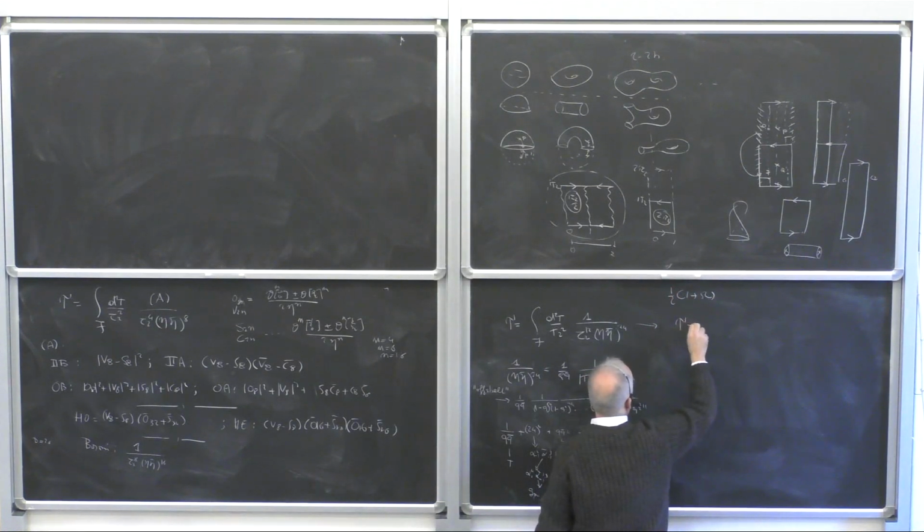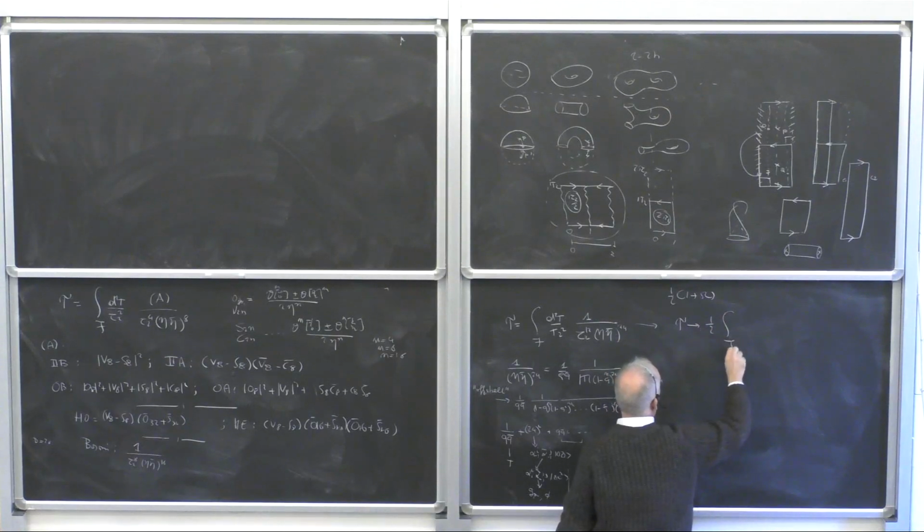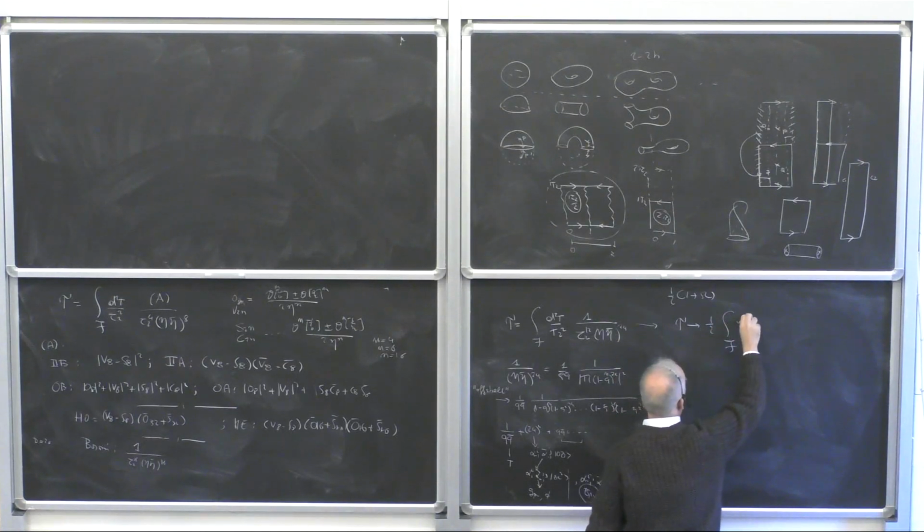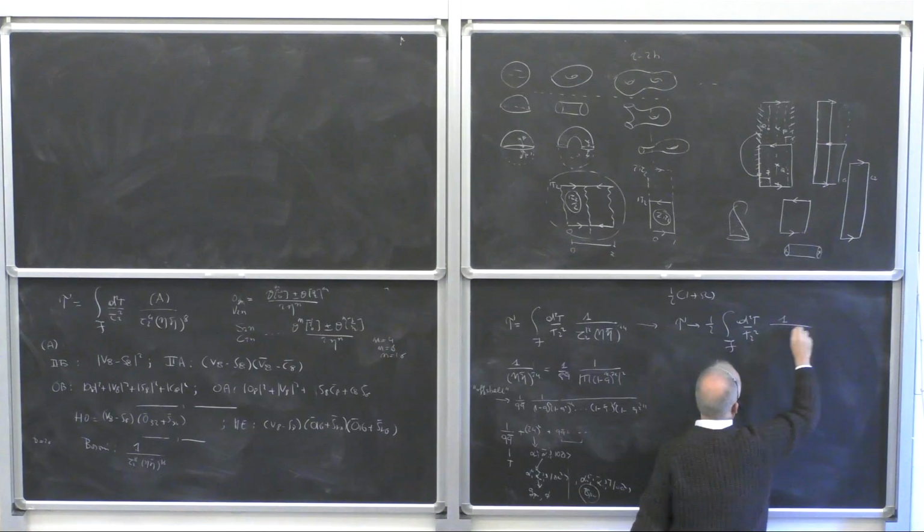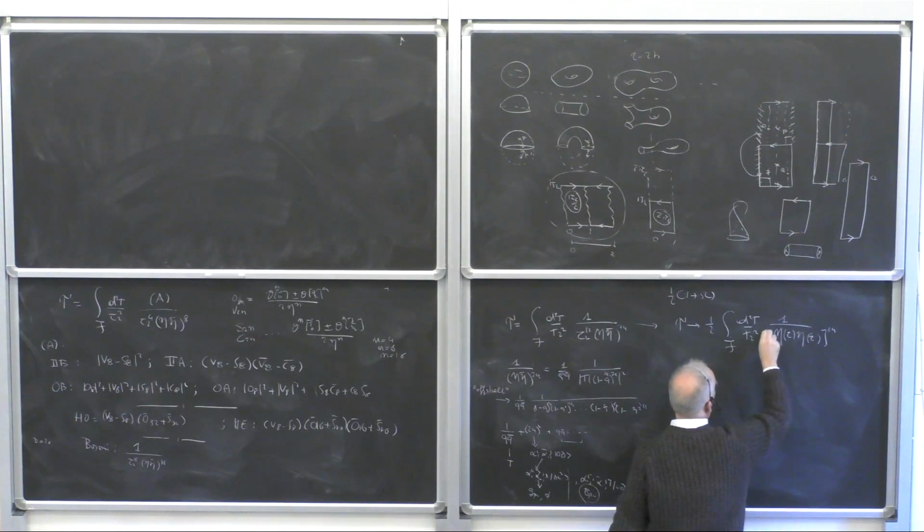The torus becomes 1/2 integral over the fundamental region d2 tau over tau 2 squared, 1 over eta of tau bar to the 24 times tau, square root of tau 2 if you want, times this.